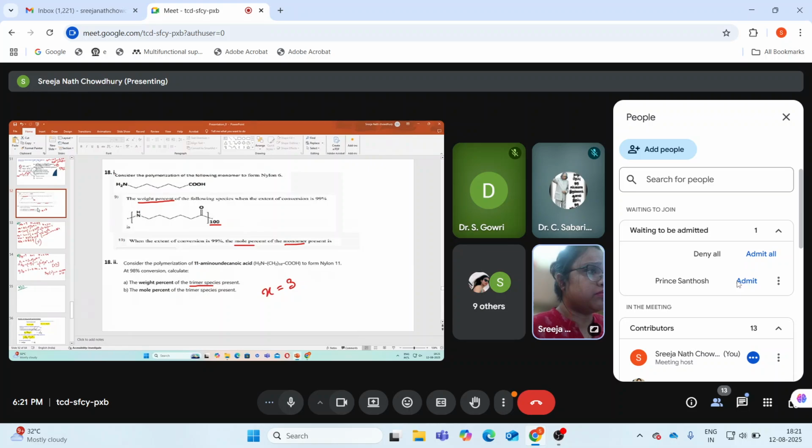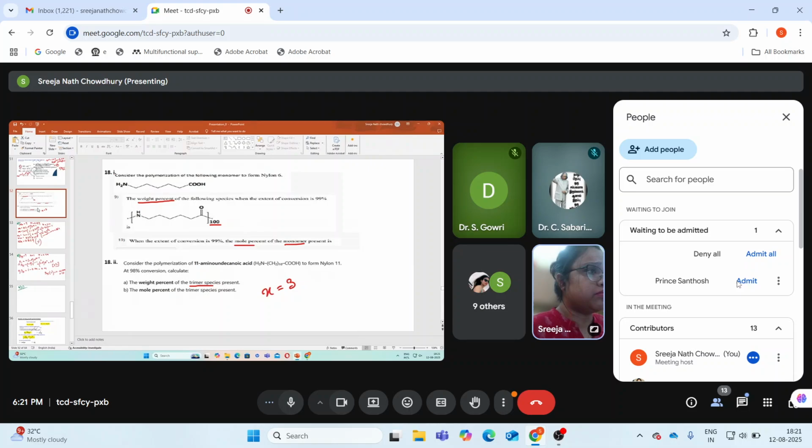This is the weight fraction of the trimer species present, and for the mole percent, n3 by n, we have to calculate. For this our formula is (1 minus p) into p to the power x minus 1.